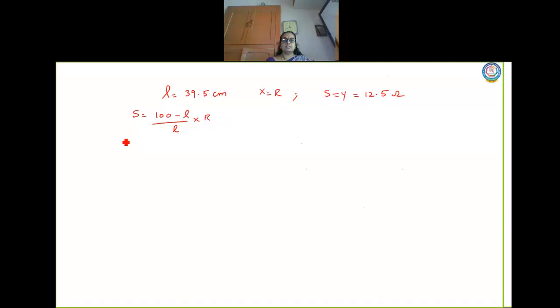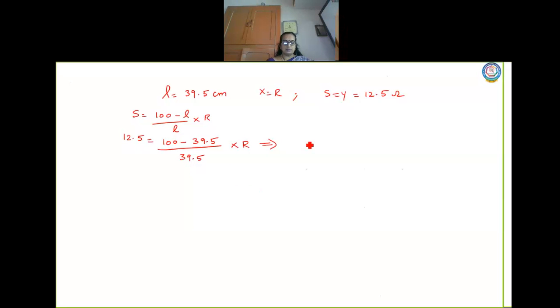S value is given as 12.5. 12.5 is equal to 100 minus 39.5 divided by 39.5 into R, and I need to determine the value of R. So rearrange this formula.